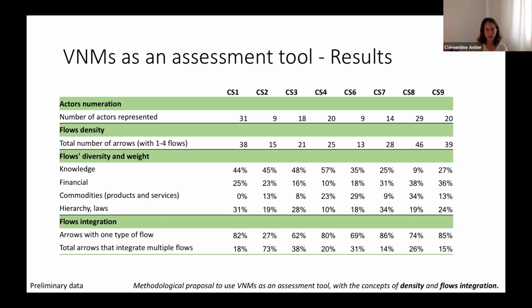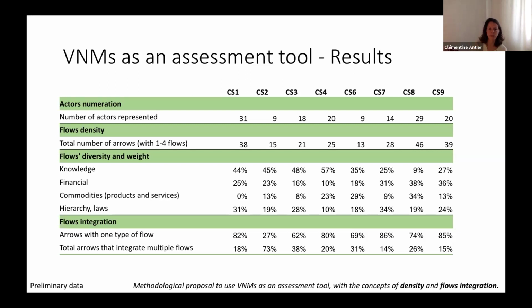You can see that the share of knowledge flows is really high. We have one exception, but it can go up to more than 50%. So this is one fact that we must underline.